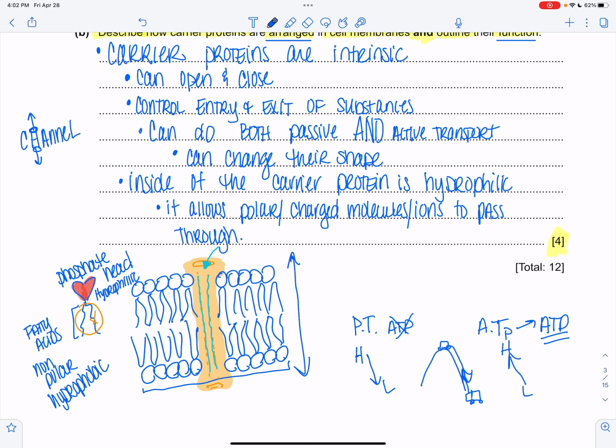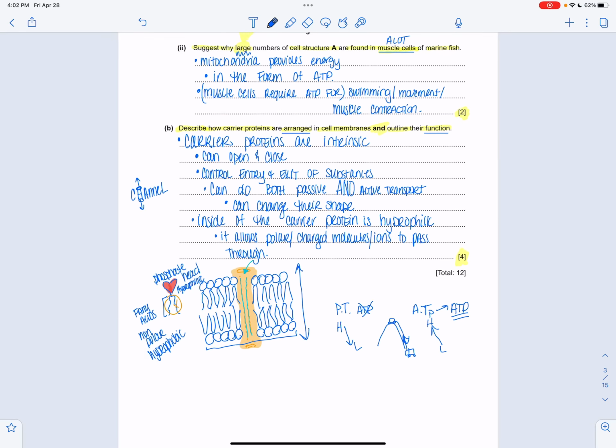Otherwise, they couldn't go through because of those tails that are the barrier there.